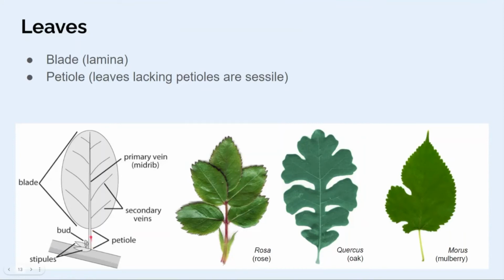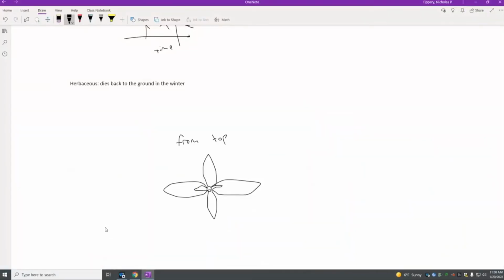So petiole is the stalk, and then the blade is the broad tissue making up most of the photosynthetic part. So like a big solar panel. Broad and flat. I don't know if I have a great sessile leaf on here.